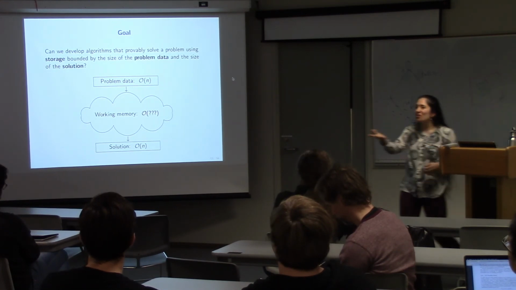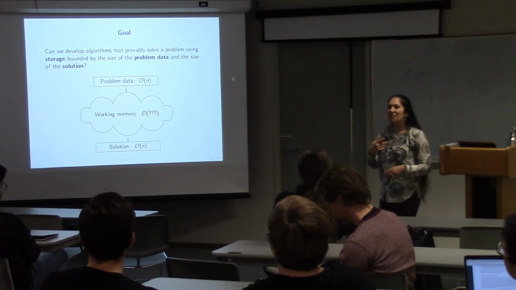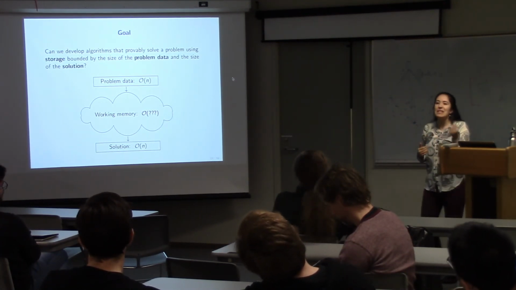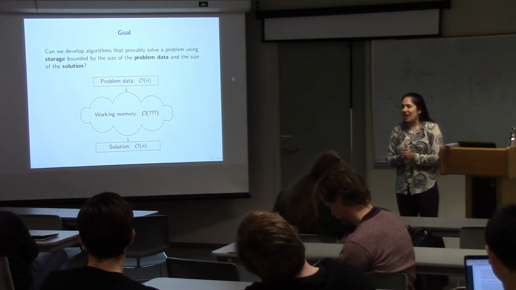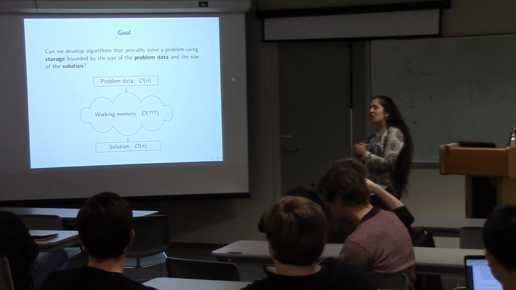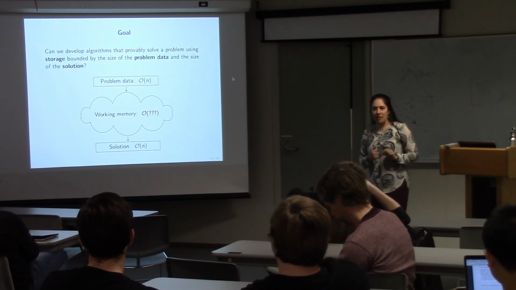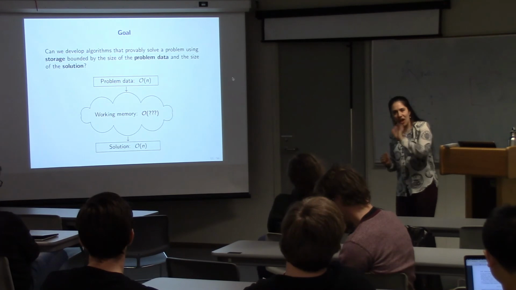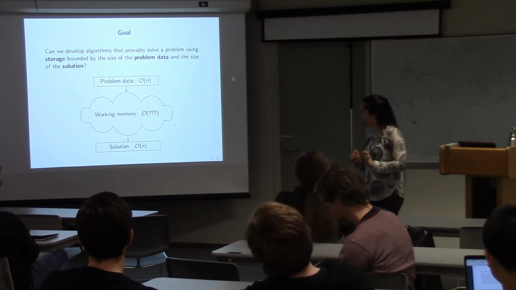Okay. So in the previous part, we saw that we could use less memory than maybe a naive algorithm would use. In this part of the talk, we're going to try to actually get optimal memory. We're going to actually find the lower bound of the memory it takes to solve this problem, and we're going to solve it using about that much memory.